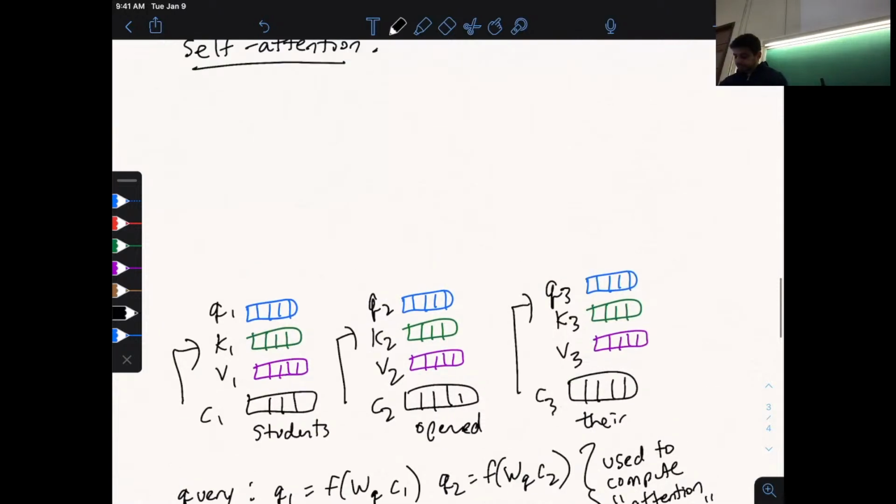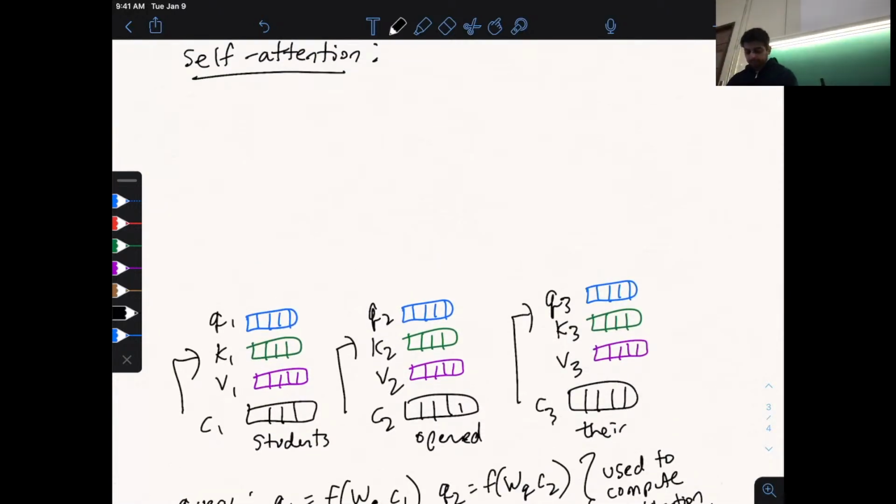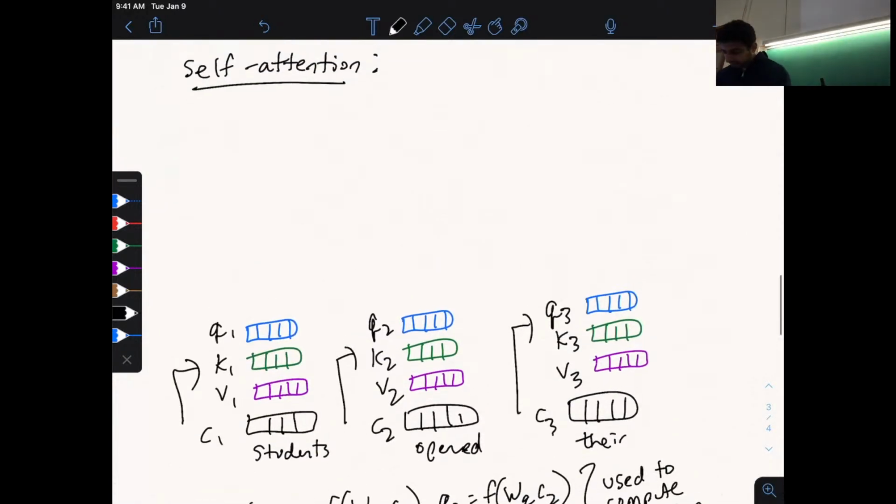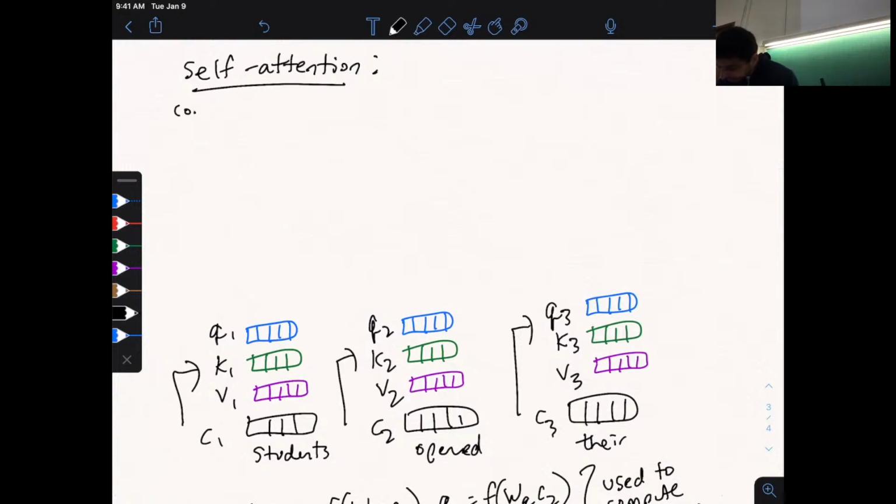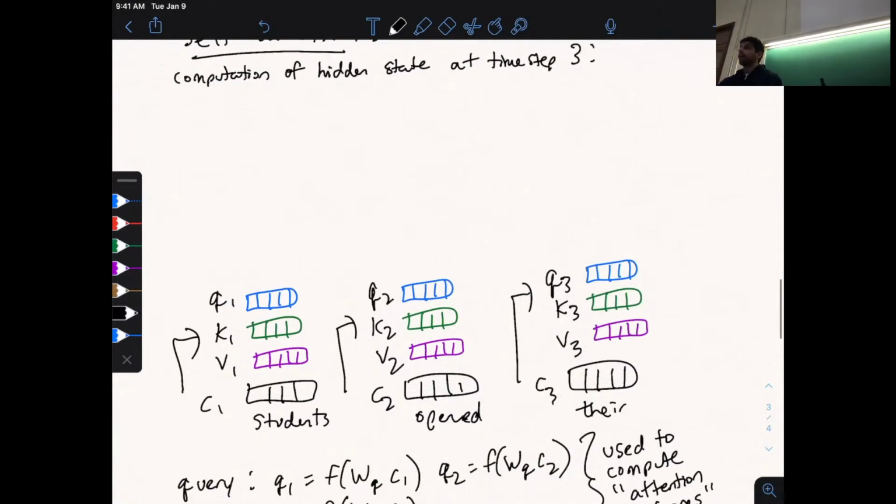All right, so let's look at the third time step here. I hope I don't need more space, but we'll see. Computation of hidden state at time step 3. So here we have the input students open there.